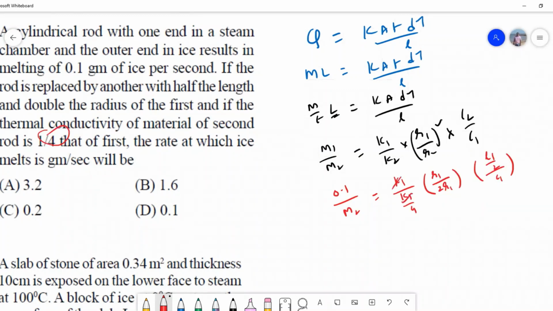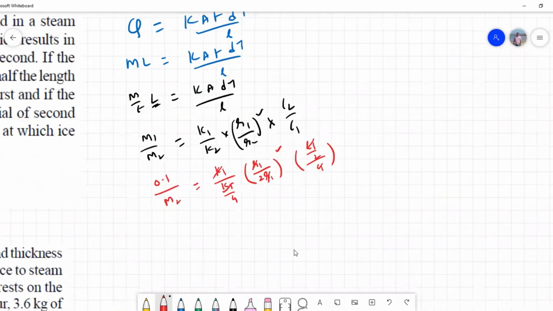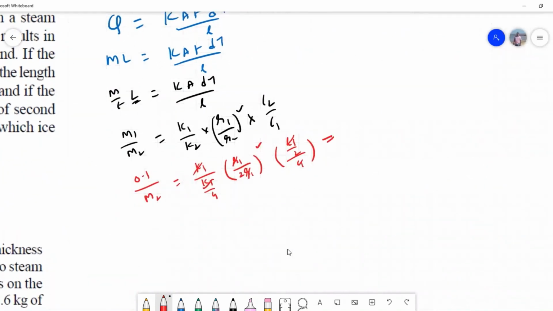K1 cancels, R1 whole square cancels, L1 cancels. So in the next step, 0.1 by m2 is equal to, this will be 4 because 1 by 2 whole square, and this will go to the denominator as 1 by 2. So this 4 cancels. So m2 will be 0.2 gram per second.